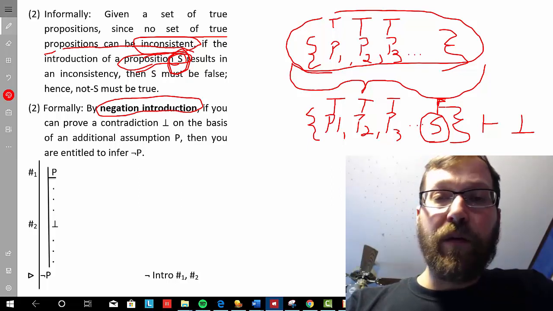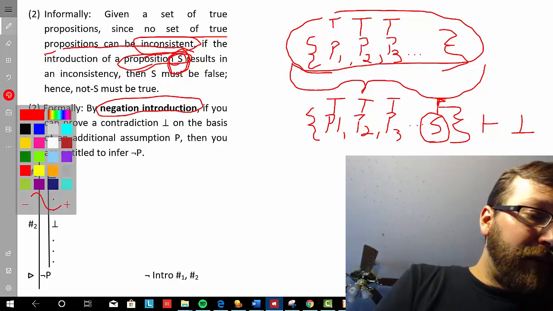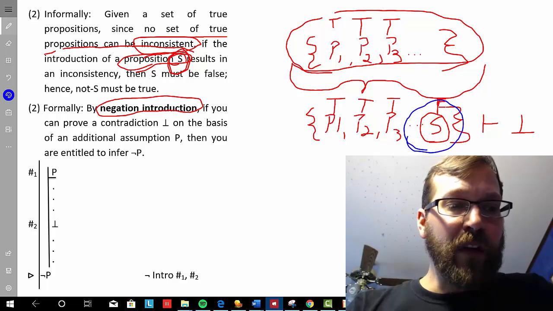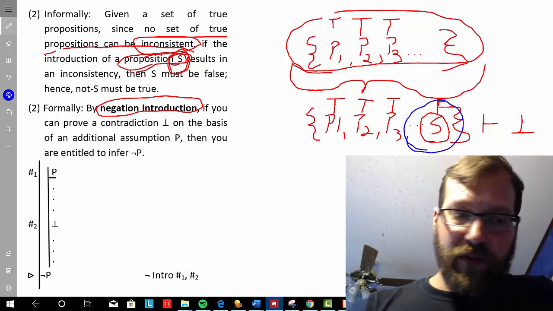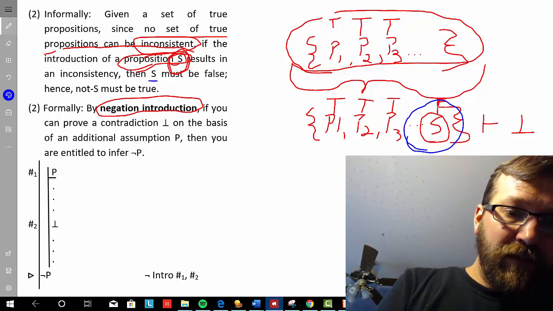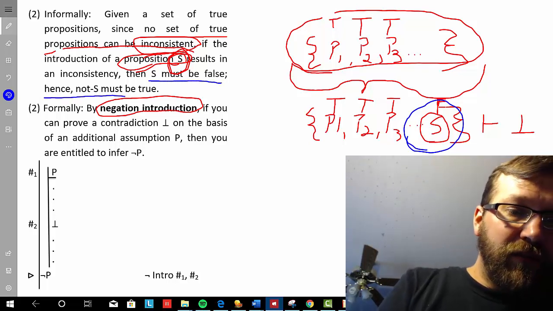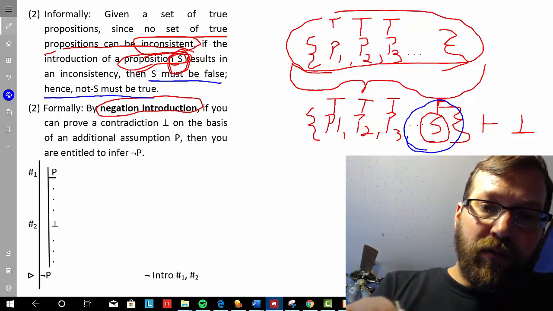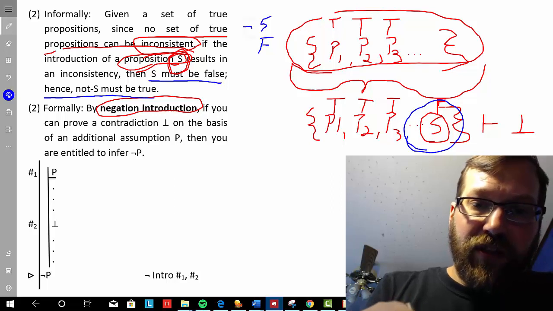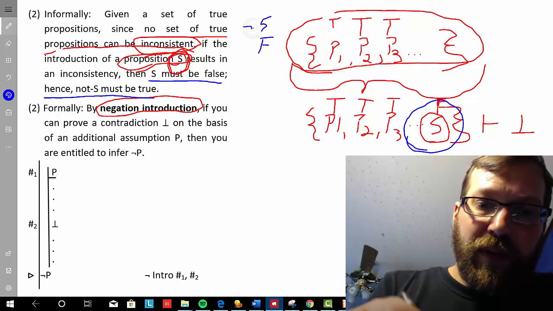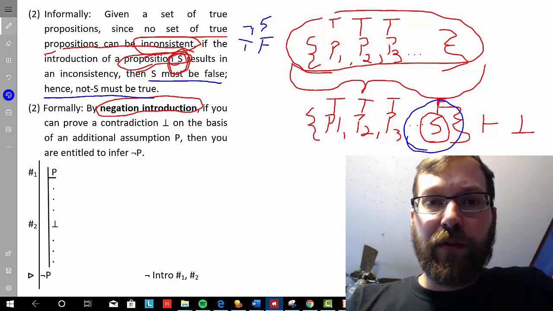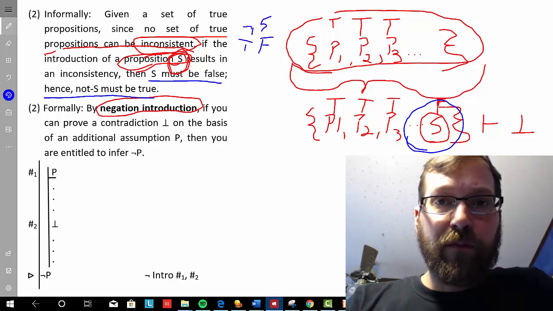So if there's any one that can be false, there's only one left, and that's S. And since S is false, by the meaning of negation, not the case S must be true. So if S is false, the negation sign tells us to just flip to the opposite truth value, which is true.